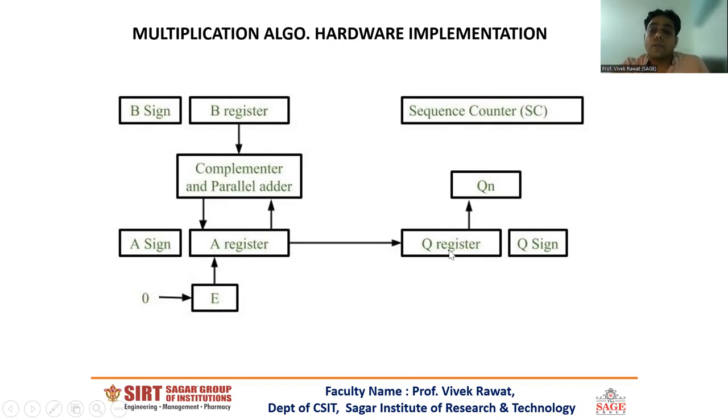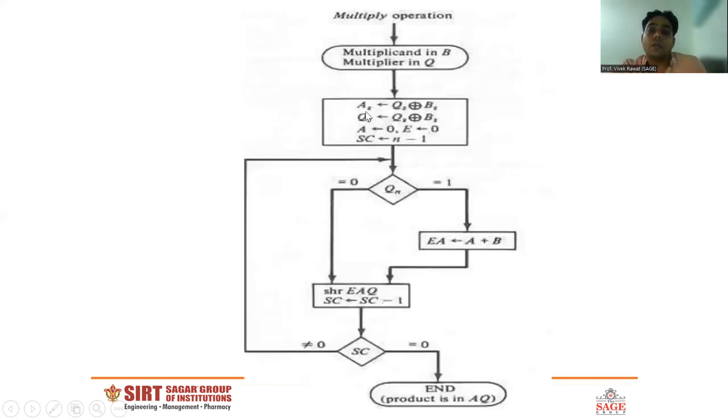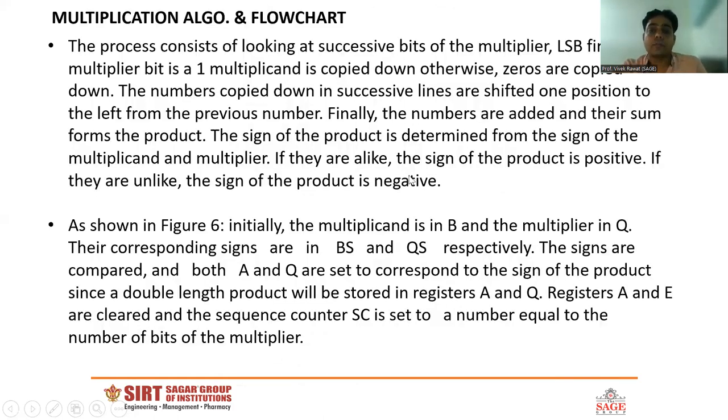So if the Q register has a negative number, that sign will be saved in Q sign, called QS. In the flowchart, you can see AS, BS and QS. In the flowchart, you can see the multiplicand is B and the multiplier is Q. The multiplier value is saved in the Q register and the multiplicand is saved in the B register.